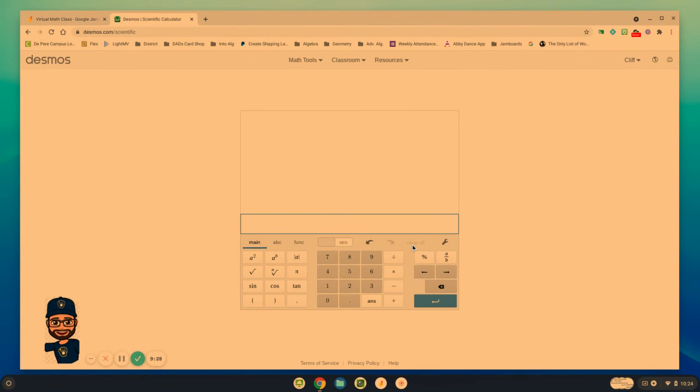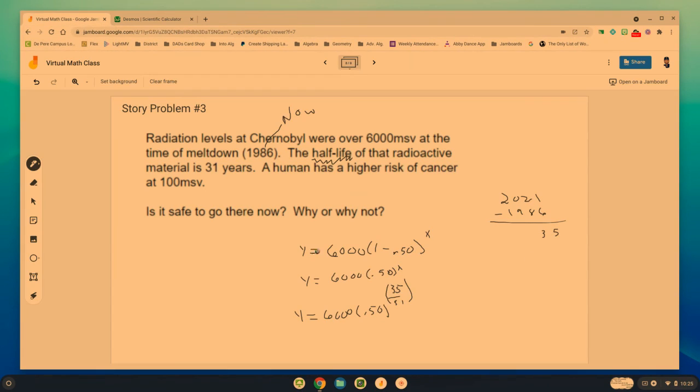Okay, so 6,000 times 0.5 to the power, and I'm going to put it inside of a parenthesis, 35 years divided by 31 for the cycle that it takes, gives us 2,743. 2,743 MSV.